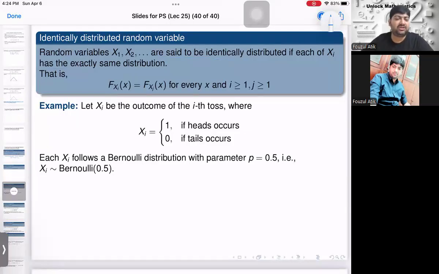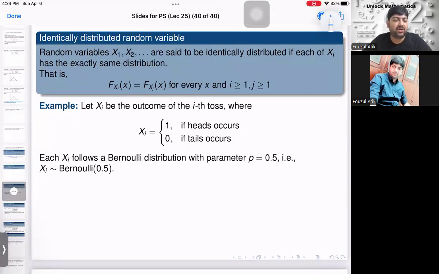Then what about X1? X1 is equal to 1 if the first toss is head, or equal to 0 if the first toss is tail. X2 is equal to 1 if the second toss is head, equal to 0 if the second toss is tail.